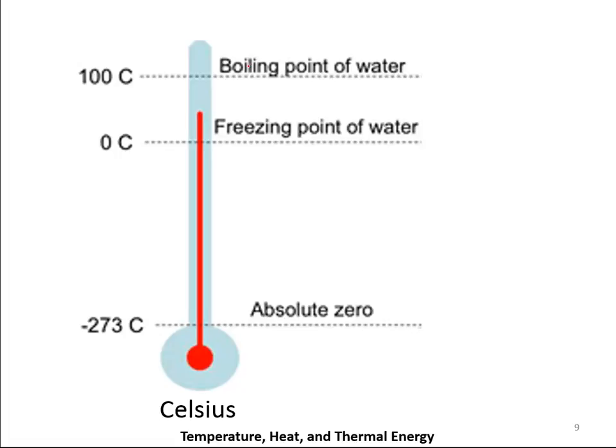While theoretically there's no upper limit to temperature, there is a lower limit. This lower limit is called absolute zero. On the Celsius scale, absolute zero falls 273 degrees below zero.